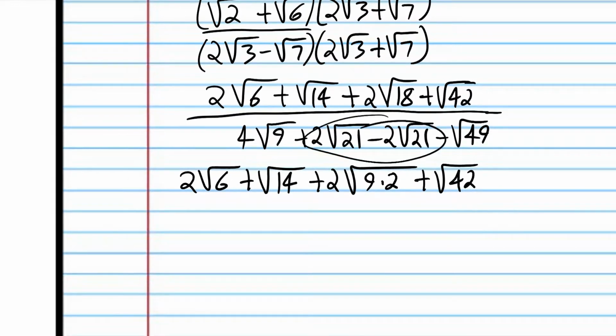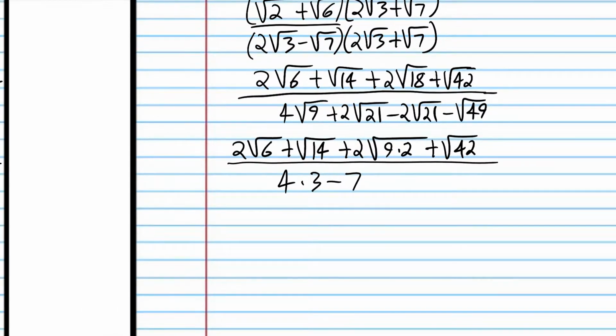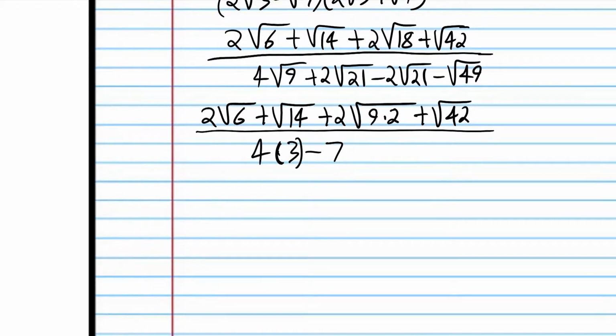So now these terms cancel out, and root 9 is just 3, and root 49 is 7. What number times itself is equal to 49? 7. And I should probably put parentheses around that. Remember, you have to follow order of operations in the denominator.